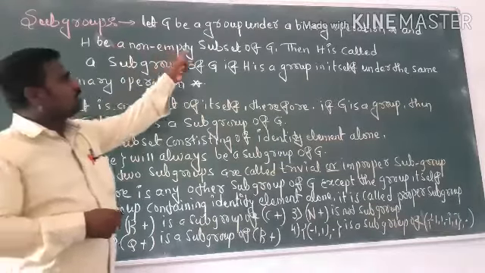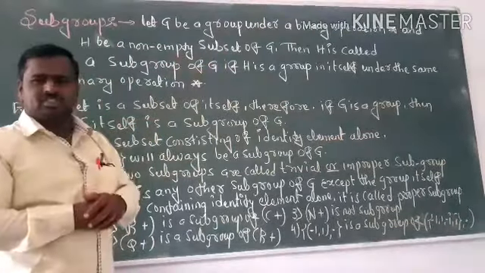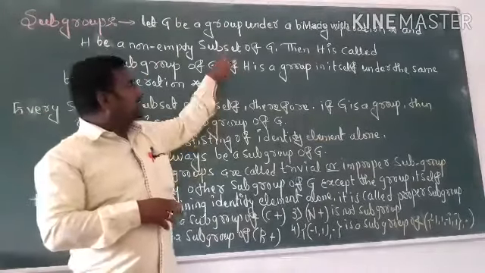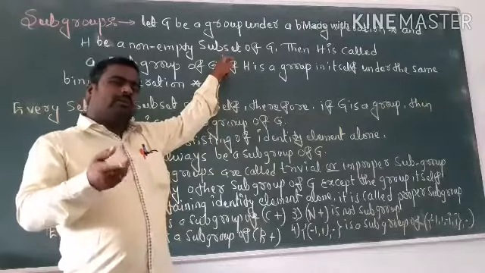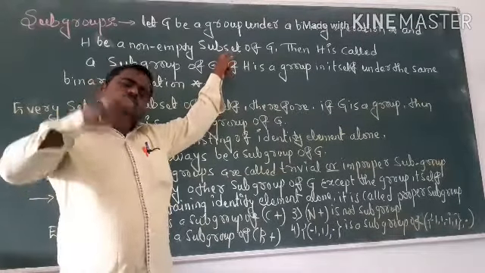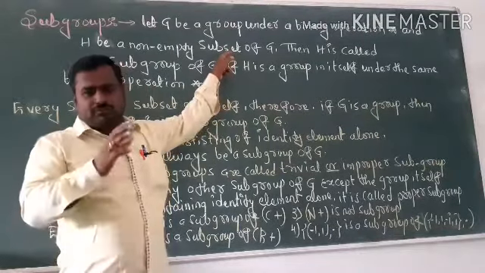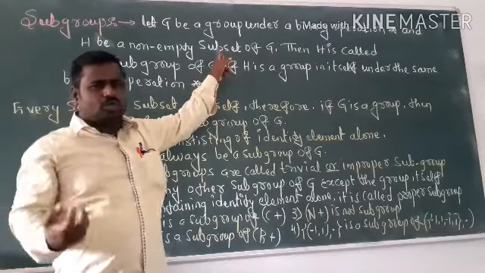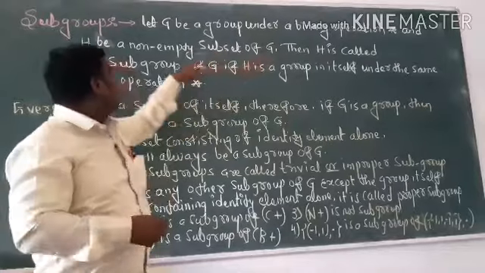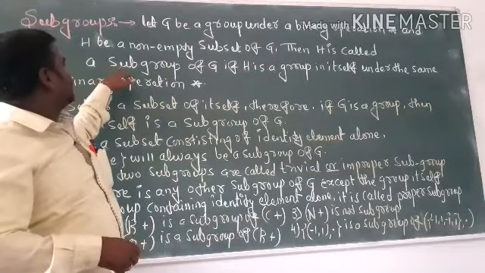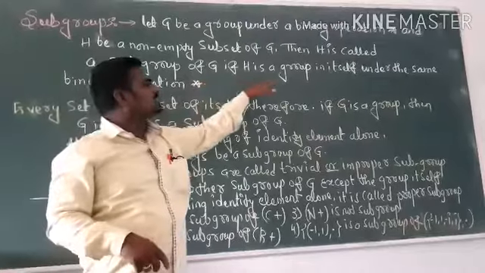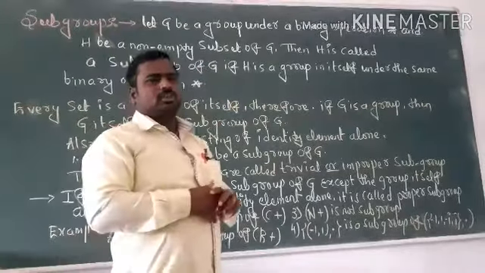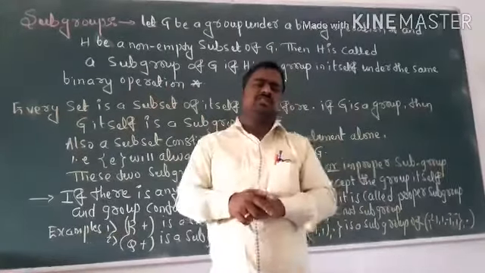Let G be a group under the binary operation star and H be a non-empty subset. Every element of H is also an element of G, that means it is a part, a portion of G. H is a subgroup of G if H is itself a group under the same binary operation. That is a very clear definition.